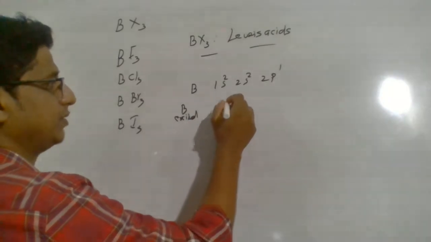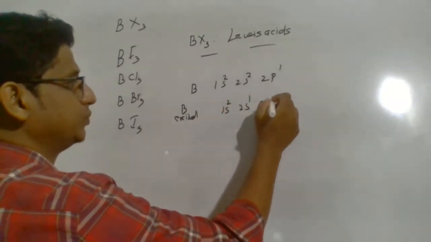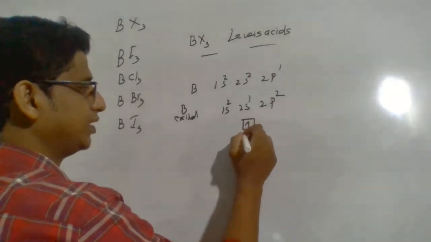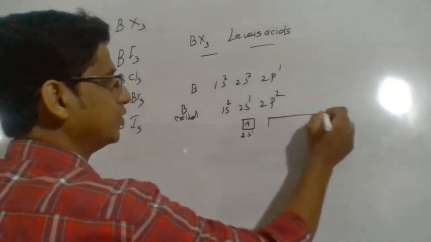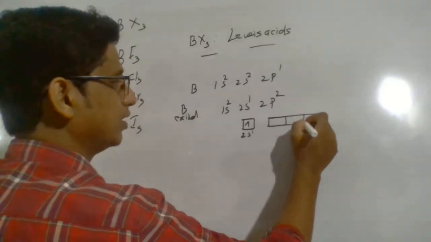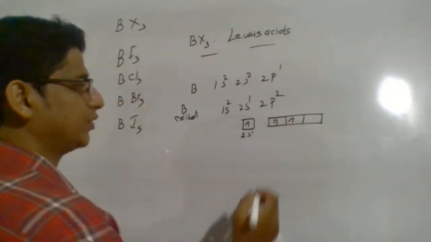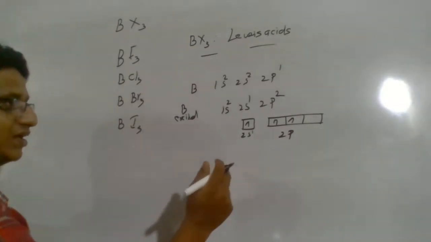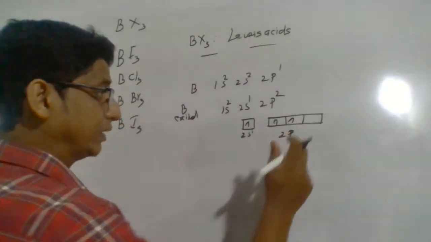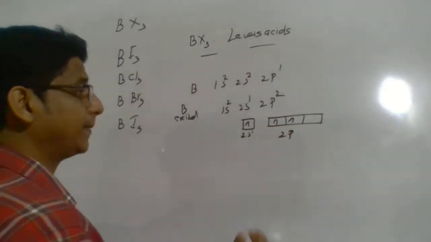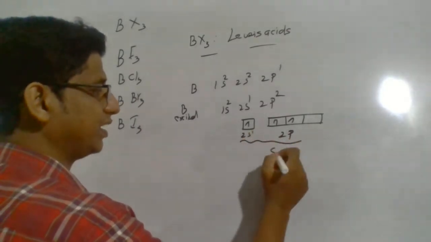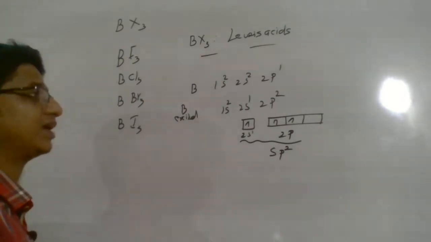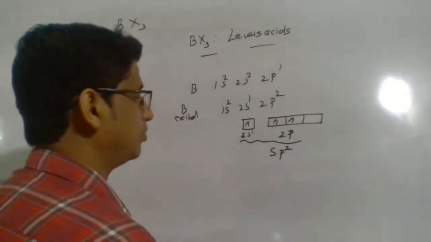When excited, the configuration will be 1s2, 2s1, 2p2. Let me draw that. This is 2s1 and 2p1 2p1. You can see this is the 2p subshell. There are now 2 electrons in the 2p subshell, and they undergo sp2 hybridization to get the trigonal planar structure when they form boron halides.